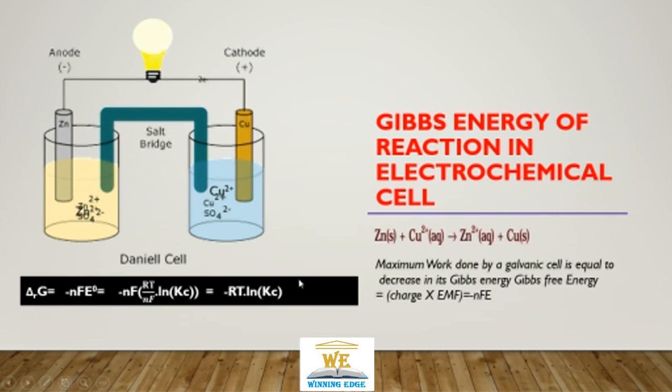So the Gibbs free energy change in a cell is given by this relation with the equilibrium constant. The higher the value of the equilibrium constant, the larger will be the free energy change.